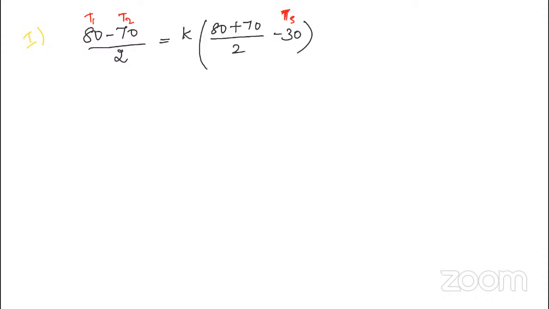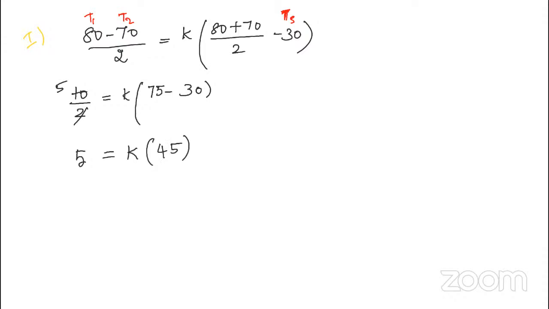Let us now simplify; we get one equation. 80 minus 70 is 10, which is equal to K into 150 by 2, that is 75, minus 30. Cancelling, 5 is equal to K into 45. Cancelling again, 1 is equal to 9K. That is expression number 1.